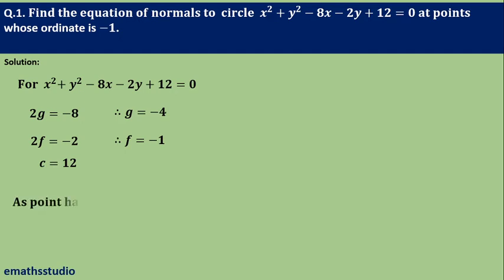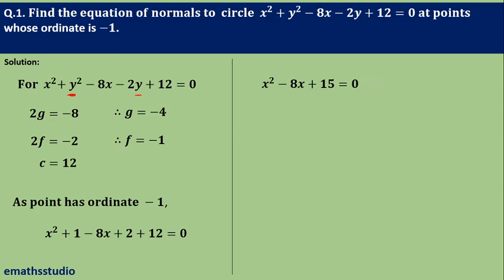Now, as the point has ordinate -1, the point is on the circle. Ordinate means the value of y. So in this equation of the circle, I can replace y by -1. The equation becomes x² + 1 - 8x, and -2 into -1 is +2, plus 12 is equal to 0.